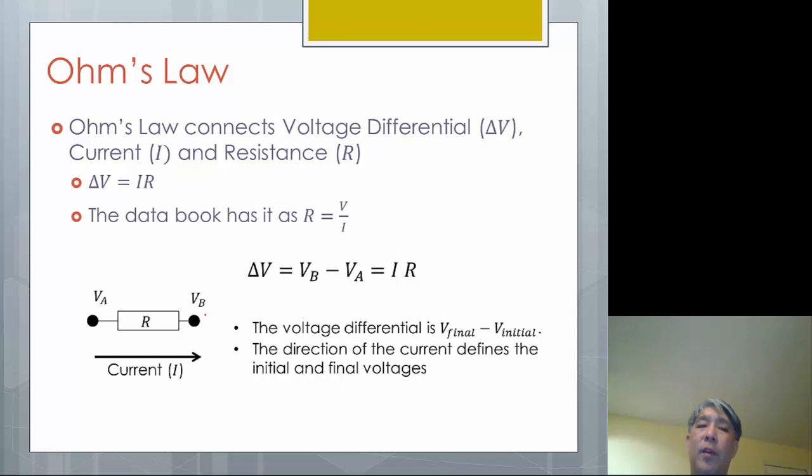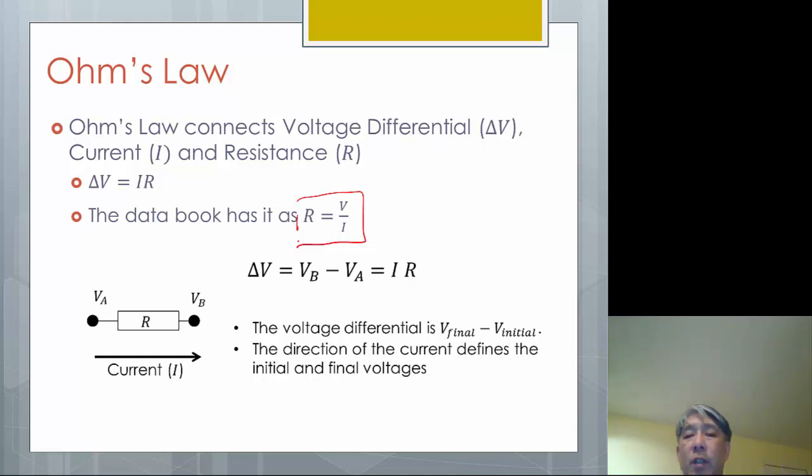The formula we have for Ohm's law is delta V equals IR. Make sure you keep that delta symbol. I know the data book just gives it in this format, which is R equals V over I, but the delta V is important, because a lot of times people just take the voltage of the battery you plug in, and get the wrong answer.